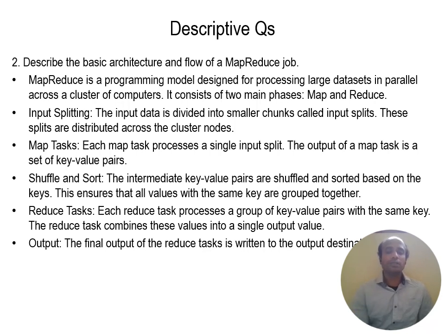So these are the answers for these two questions. One is about why MapReduce is a massive parallel framework. The other is about describing the basic architecture and flow of a MapReduce job, and the significance of the shuffle, sort, reduce tasks and map tasks.